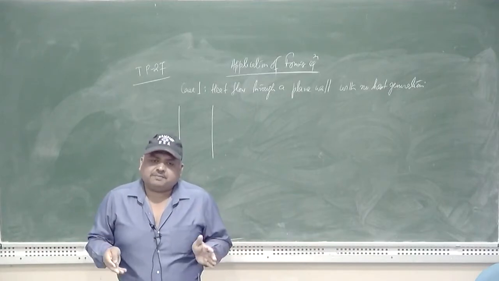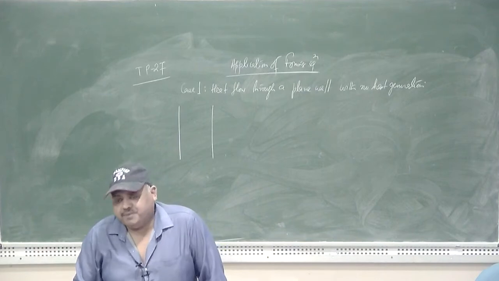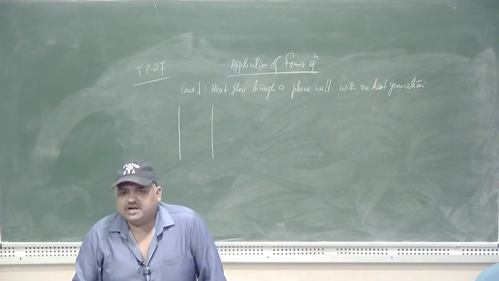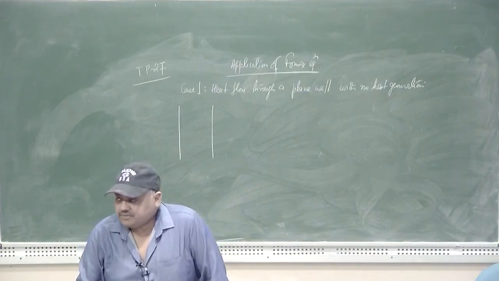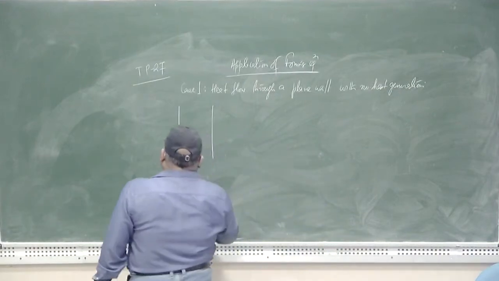This is the condition by virtue of which a three-dimensional system may be reduced to a one-dimensional system. So in the case of plane wall, we are considering the x dimension only.